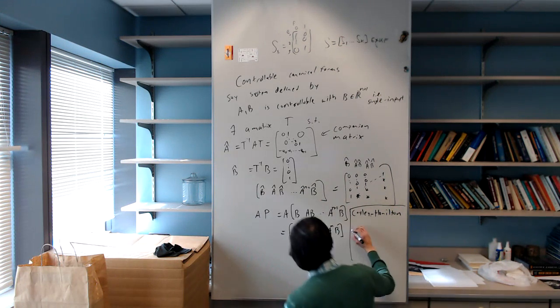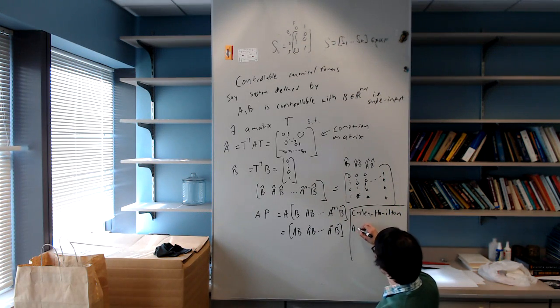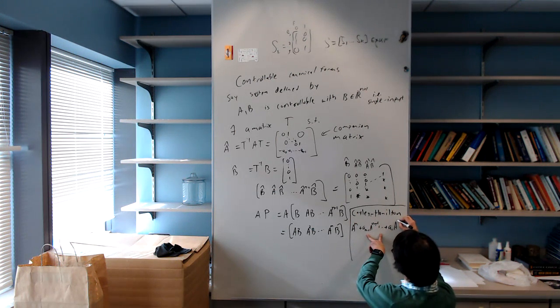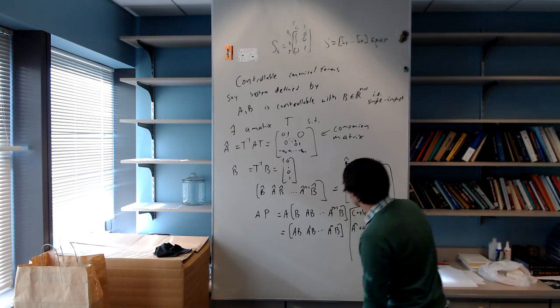The Cayley-Hamilton theorem says that A^n plus a_(n-1) A^(n-1), and so on, down to a_1 A, plus a_0 I, where these are the coefficients of the characteristic polynomial, is equal to 0.